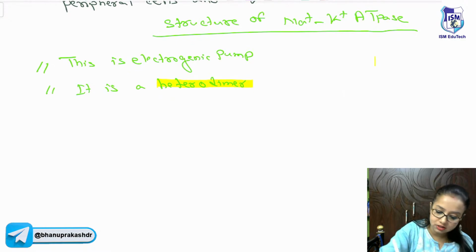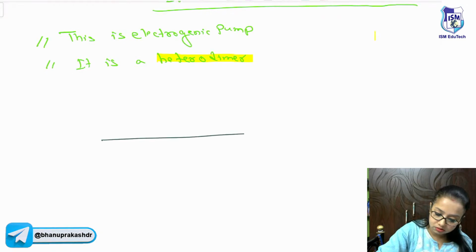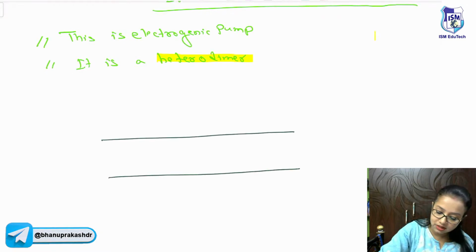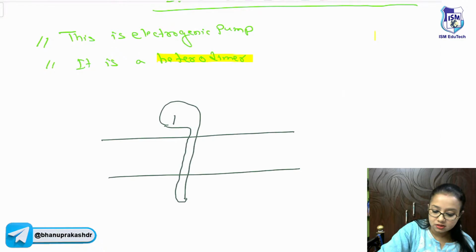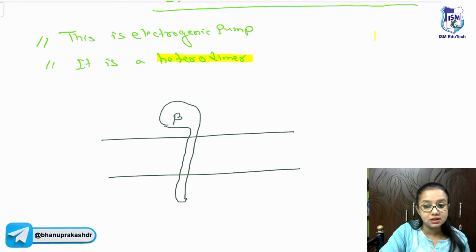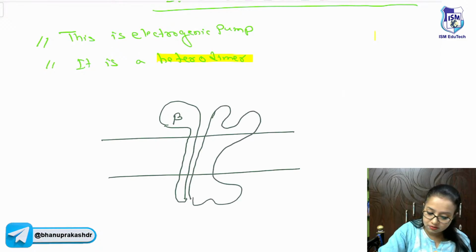So if we draw this sodium potassium ATPase pump, it is like, okay, this is the beta subunit. It's a dimer. Dimer will have two subunits. This is the beta subunit and this is the alpha subunit.